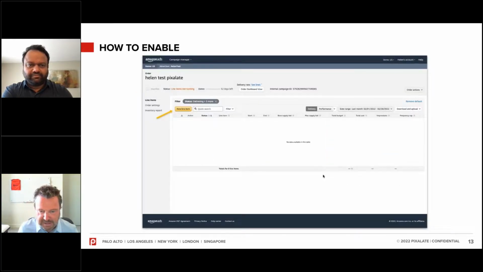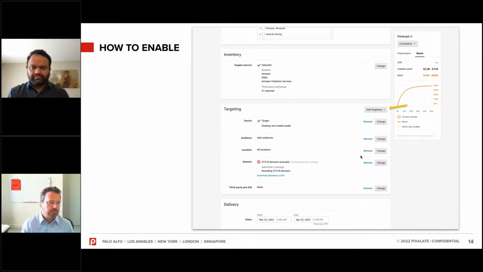So we'll get into how it's very easy to use this inside of Amazon DSP. I'm sure if you're a user of this, you're very familiar with these screens, but you'll be inside of a campaign in the campaign manager. Under the line items, you would click a new line item to be created, which is at the campaign level.